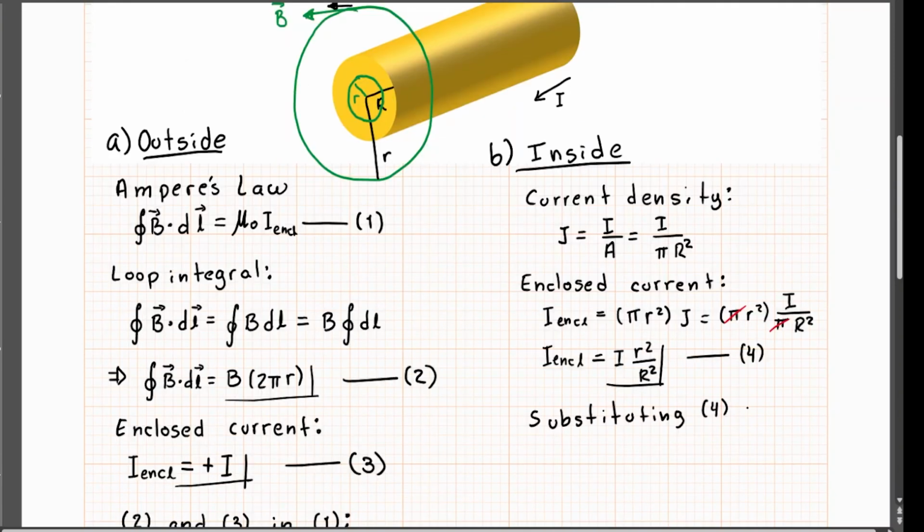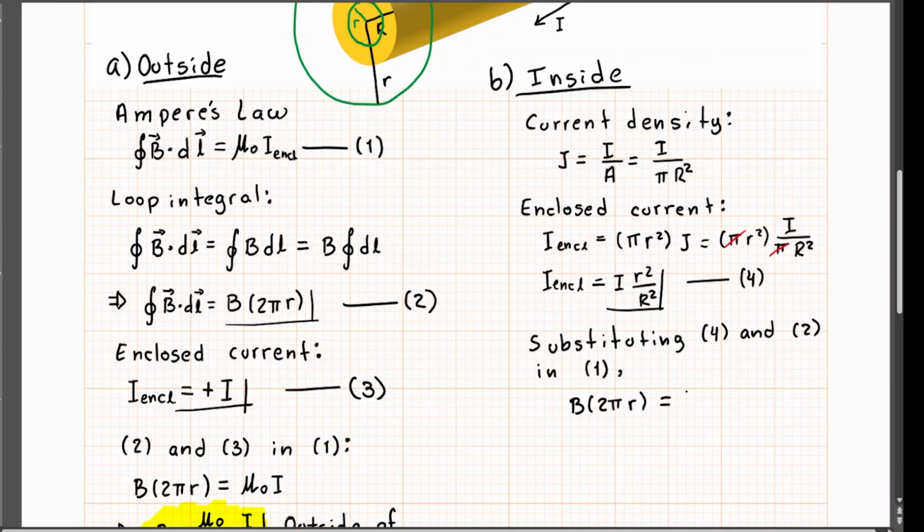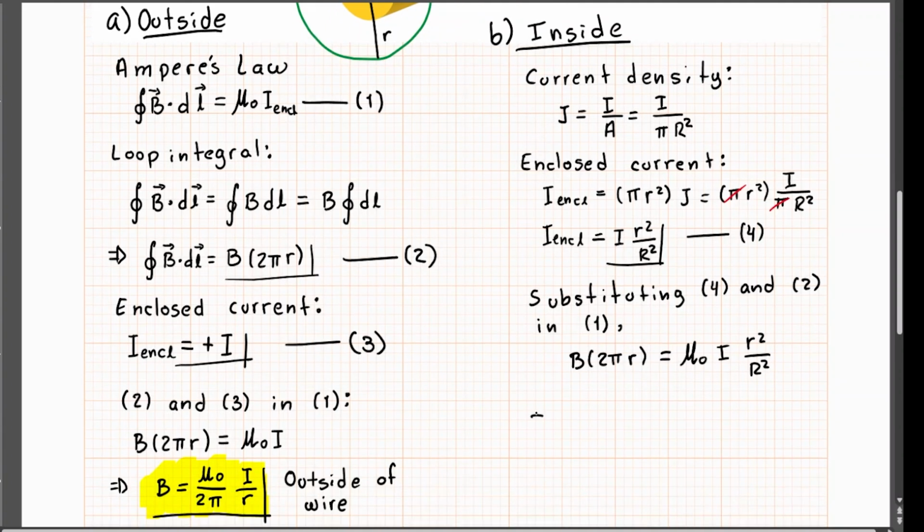The integral side of Ampere's law is the same as for part A, shown in equation 2. Substituting equations 4 and 2 in equation 1 we get, and after solving for the magnetic field, we get the solution.